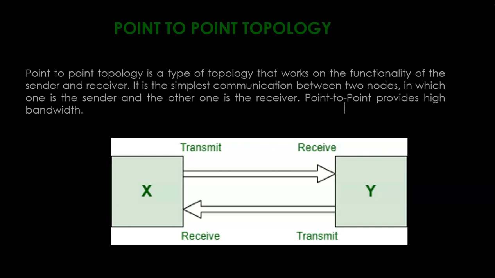Point-to-point topology is a type of topology that works on the functionality of the sender and receiver. This is the simplest communication between two nodes, in which one is the sender and the other is the receiver. Point-to-point provides high bandwidth.